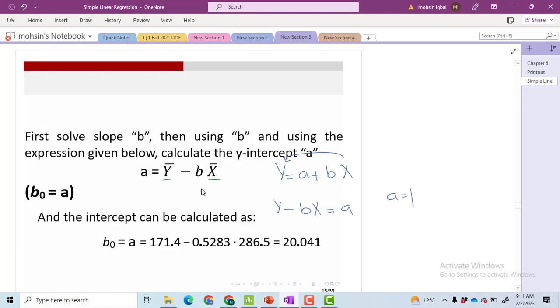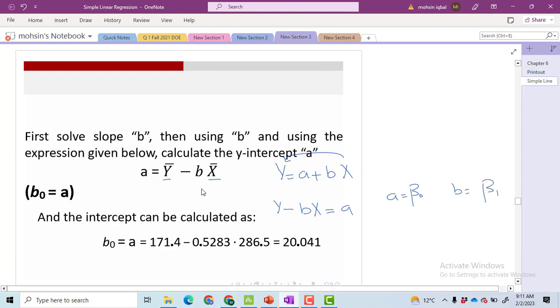As we know, a is beta naught and b is beta 1. So far we have computed y bar, x bar, and b or beta 1 using the formula. This is our method number 2. By using this very short formula, we get the value of a, or b naught. So we got 20.041.